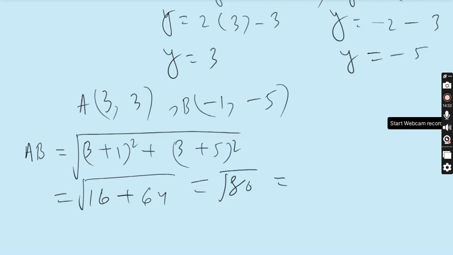And root 80 can be written as root of 16 times 5, and root of 16 is 4, so 4 root 5.